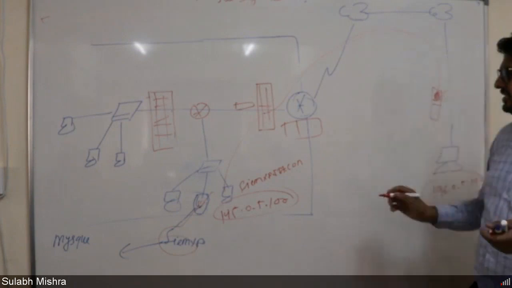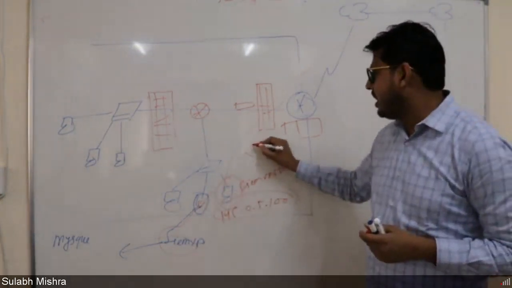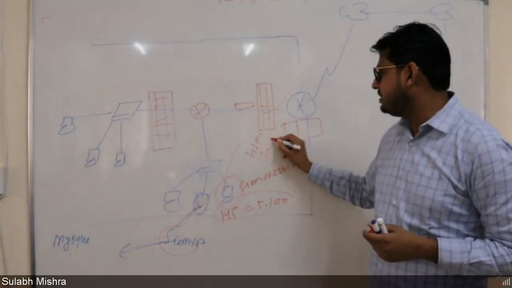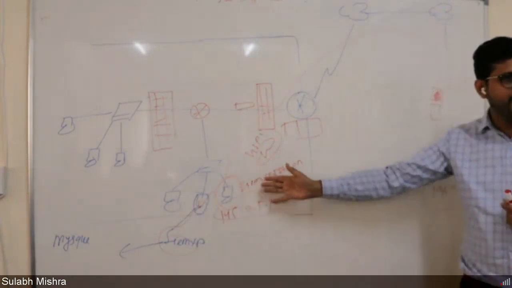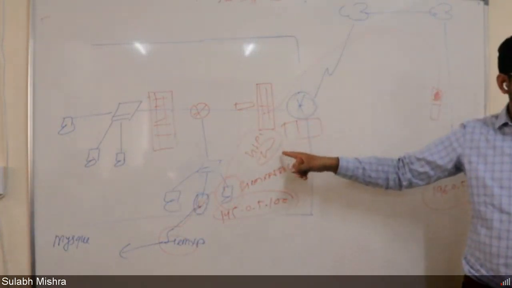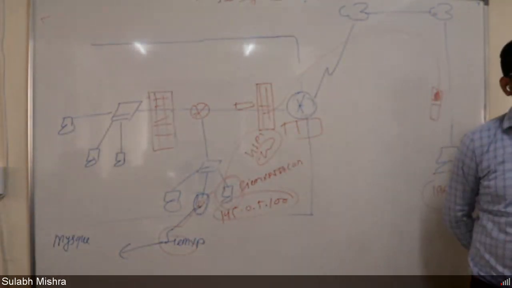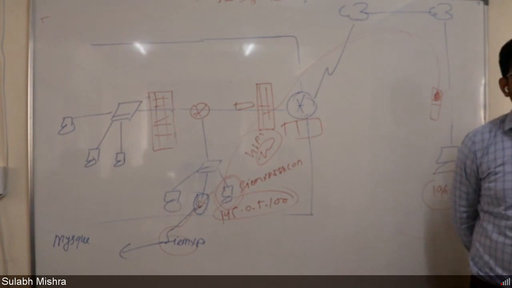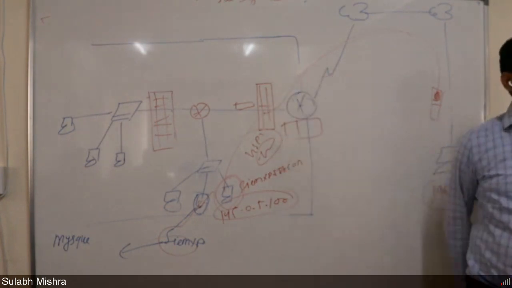So these applications are being accessed on port number HTTP and port number HTTPS only. These applications which are hosted here are accessed by outside users on HTTP or HTTPS. So any application running on HTTP and HTTPS is still vulnerable to cyber attacks, even though we have the firewall.